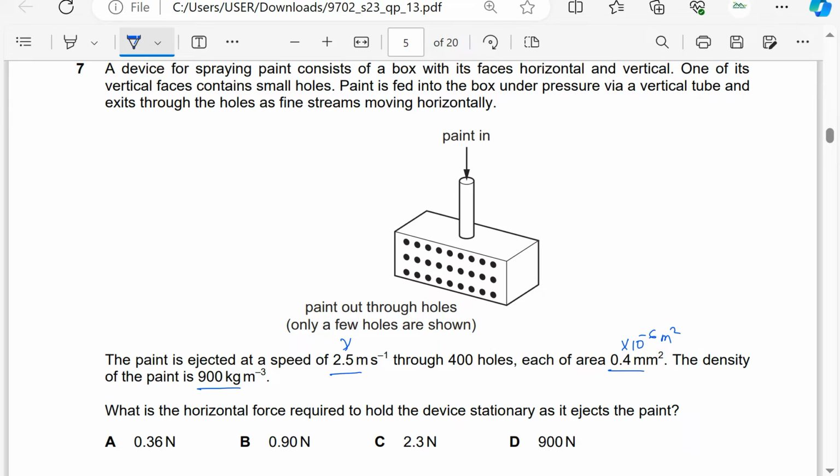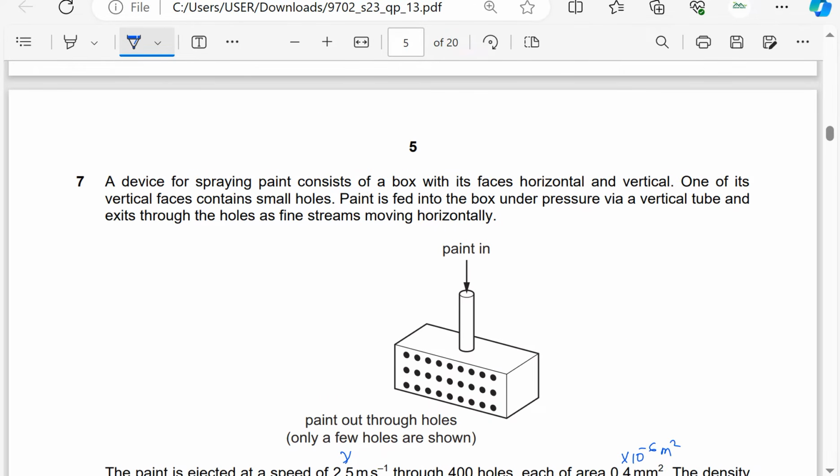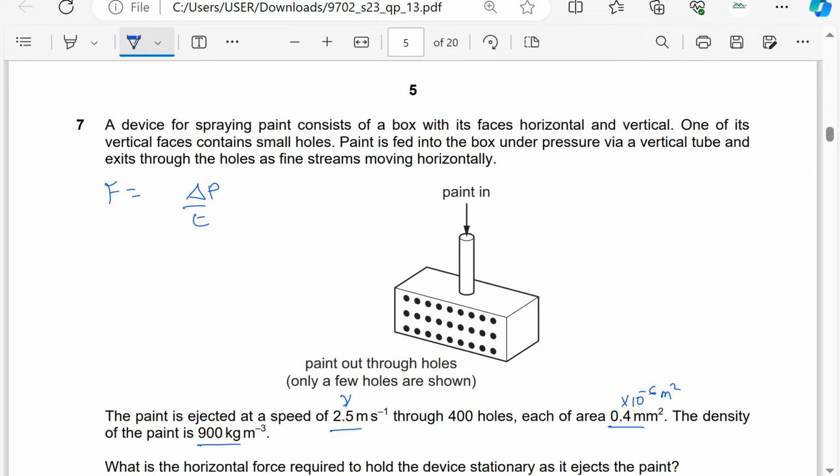Horizontal force. Of course, we know that force is the rate of change of momentum. So force is going to be equal to the rate of change of momentum. Remember, the force on each hole is going to be the rate of change of momentum for that particular hole. But then there are 400 holes, so I'll multiply this by 400.